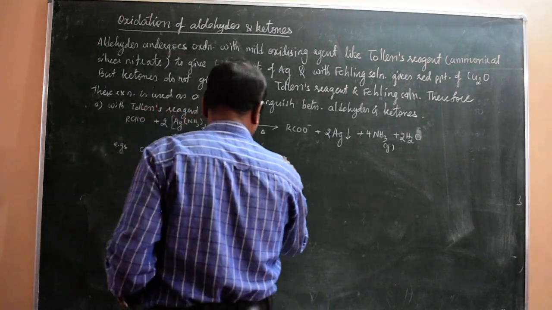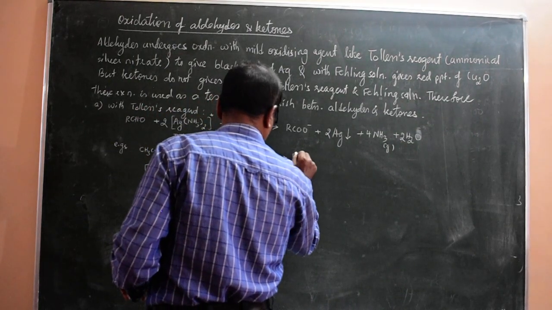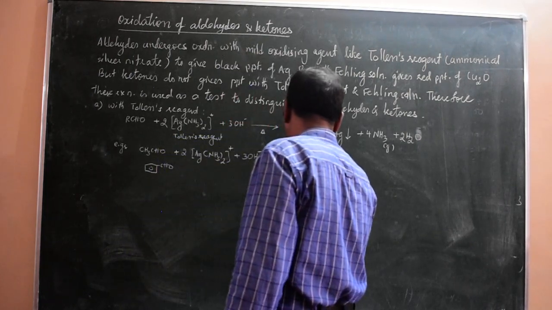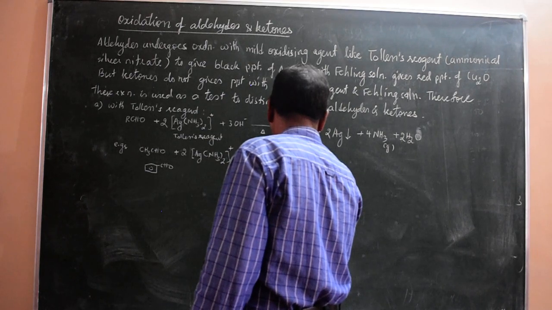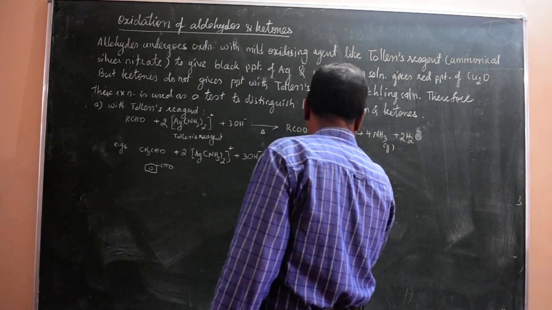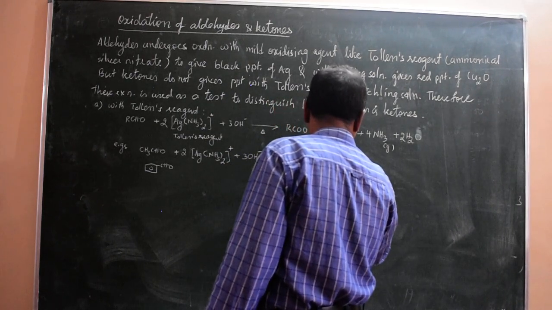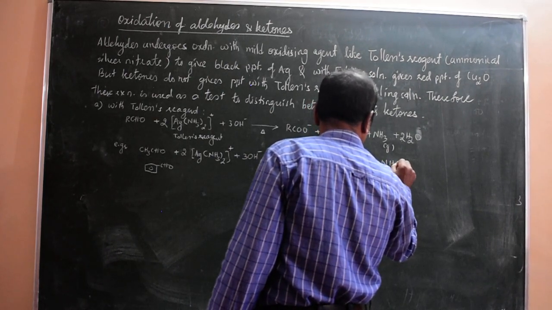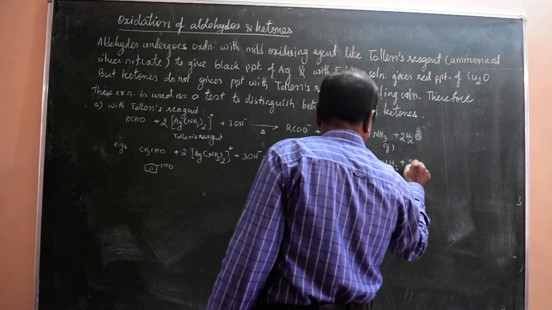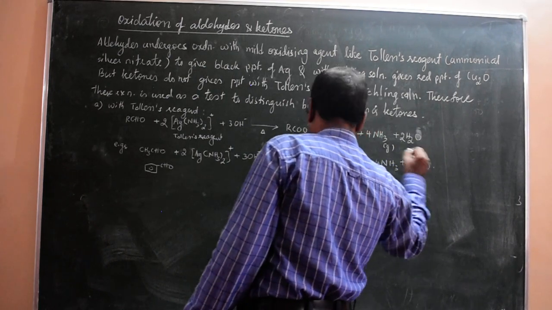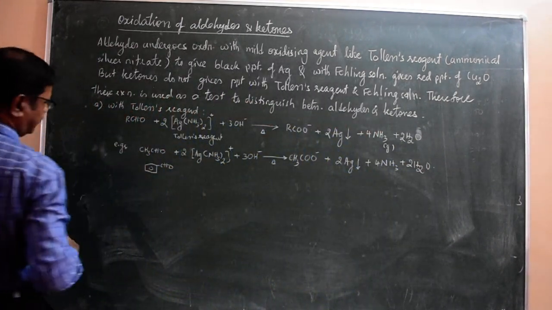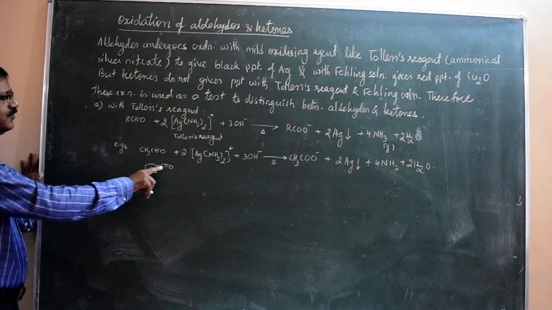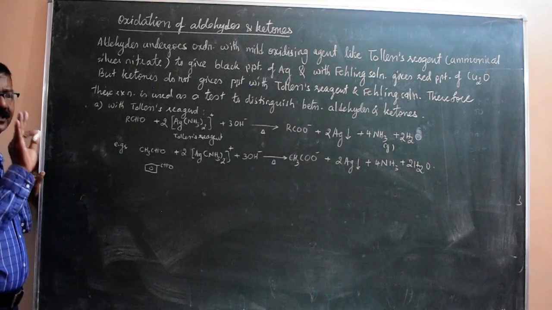So on heating, you are getting RCOO minus, means R is here, CH3COO minus, then 2Ag, a black color precipitate, then ammonia gas and H2O. So you can write the equation for benzaldehyde also. The product is the benzoate ion, C6H5COO minus, remaining the same.